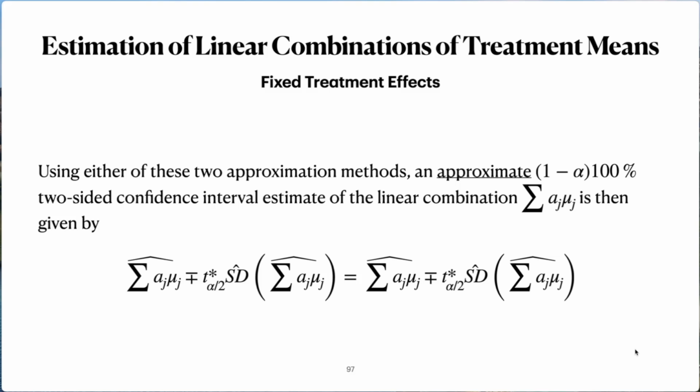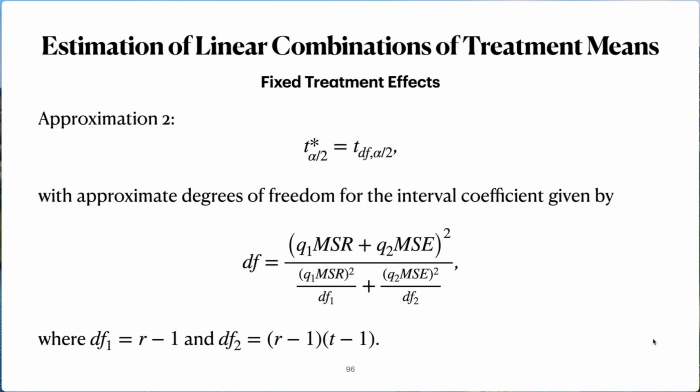Before we move on, let me say that approximation method 2, where we are approximating the degrees of freedom of the true interval coefficient, is called Satterthwaite's approximation. It's a very well-known approximation, and most statistical packages, I would imagine all statistical packages, have the ability to do Satterthwaite's approximation.